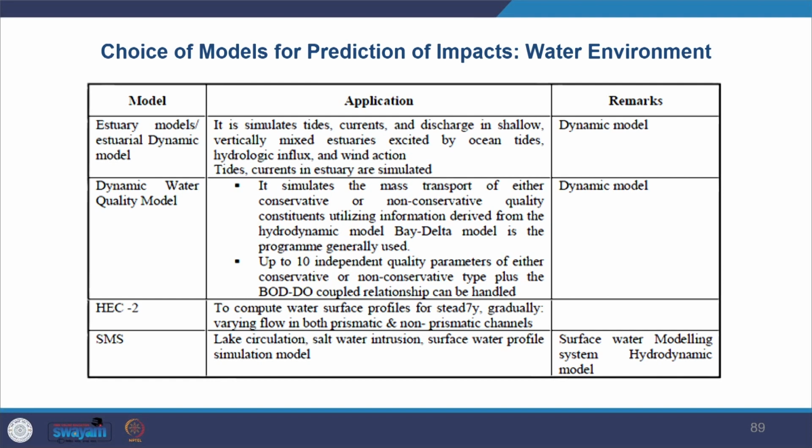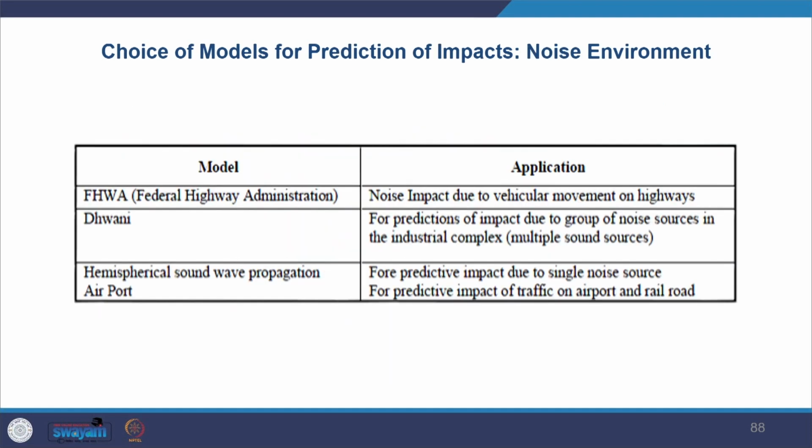And you will see the dynamic water quality model simulates the mass transport of either conservative or non-conservative quality, and how that entire hydrodynamic model will work. And then you have HEC2 to compute the water surface profile in steady situations, gradually varying flow in different kinds of channels, and what kind of circulation and salt water intrusion would happen. So all these models can undertake that work.